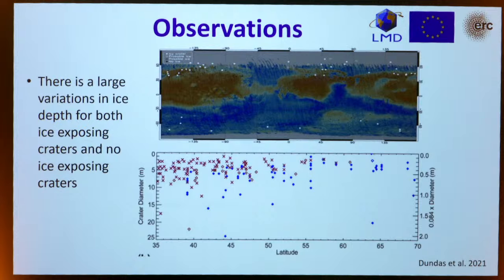On the bottom, we have the latitude, and on the right side, we have the crater diameter, the depths of the ice. And again, we see also a large variation even in the same latitude. Some of the ice can be 2 meters, and some can be half a meter, and in many places we don't have ice, and this really was an enigmatic question for me.